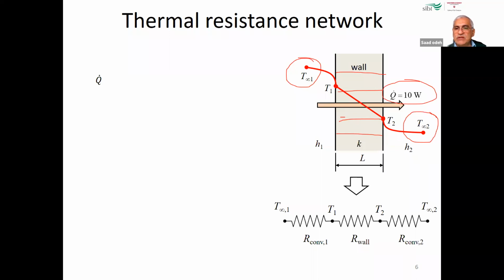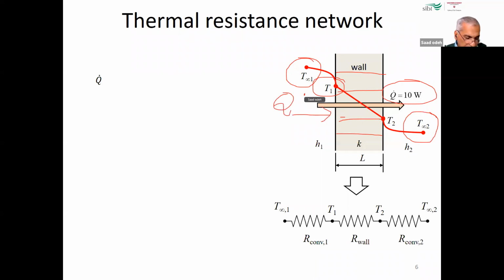Okay. Now, if I want to analyze or simulate this heat transfer process by thermal resistance analogy, then I have 3 heat transfer parts here. First of all, heat will be transferred from T infinity 1 to T1, right? So this is the heat coming to the wall, Q dot.